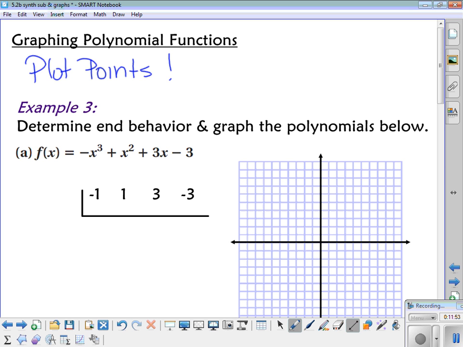You just plug in points and plot them. If it's a complicated polynomial, which I think only maybe one of yours is, you can use synthetic substitution to make the table, and it'll go a little faster.